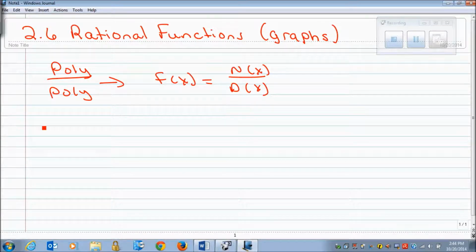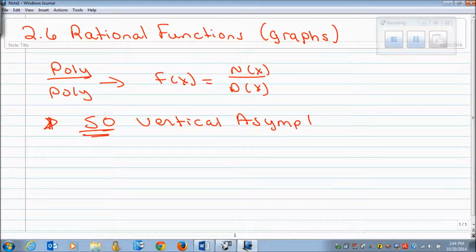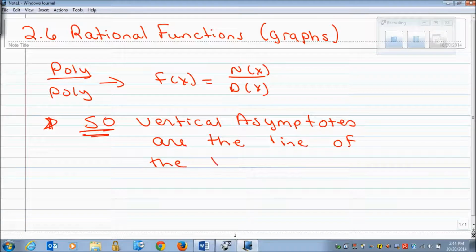So big, like one of those emergency signs. Vertical asymptotes are the lines of the domain restriction.